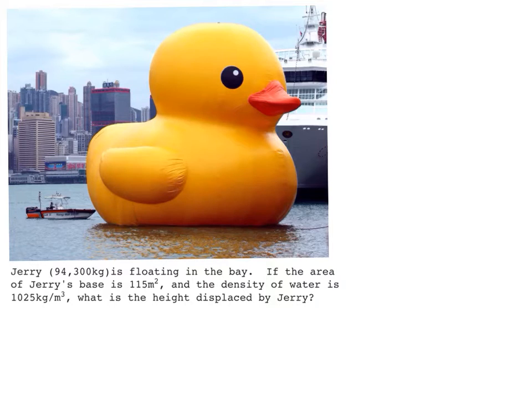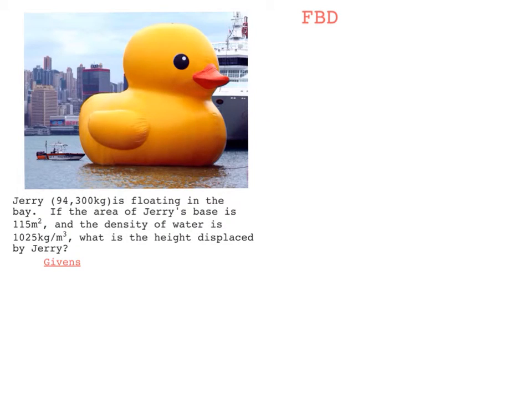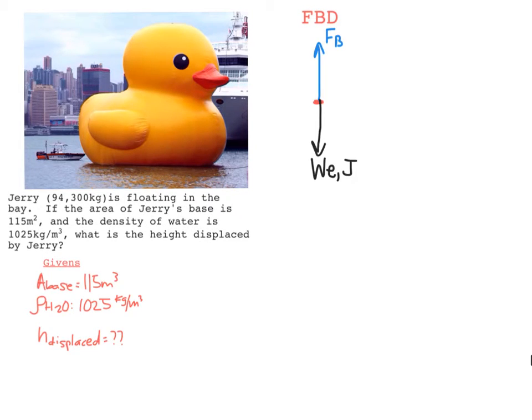So let's go ahead and write down givens and a free body diagram. If you want to pause the video, you can go ahead and try that, and then we'll get going. All right, so this is a free body diagram and the givens. In our free body diagram, we should have the buoyant force pushing up on Jerry, and the weight from the earth acting on Jerry.